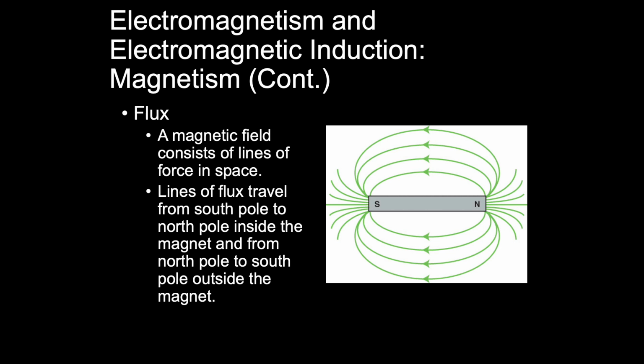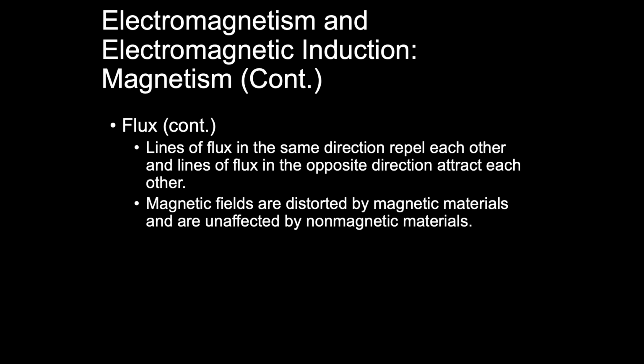It shows the magnetic flux, the magnetic field consisting of the lines of force going around from north to south and from south to north. The second characteristic is the lines of flux in the same direction repel each other, and the lines of flux in the opposite direction attract each other. The third characteristic is the magnetic fields are distorted by magnetic materials and are unaffected by non-magnetic materials.